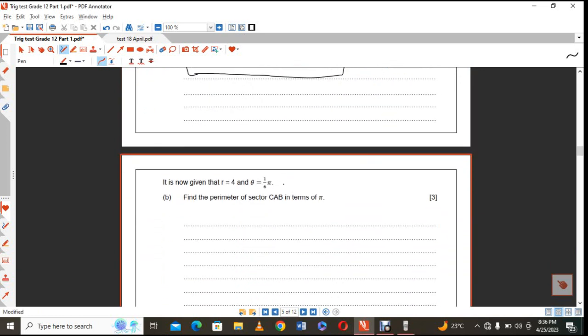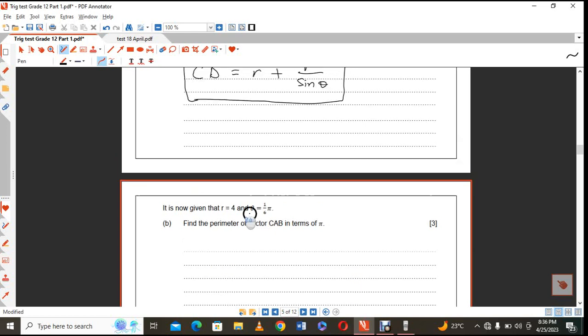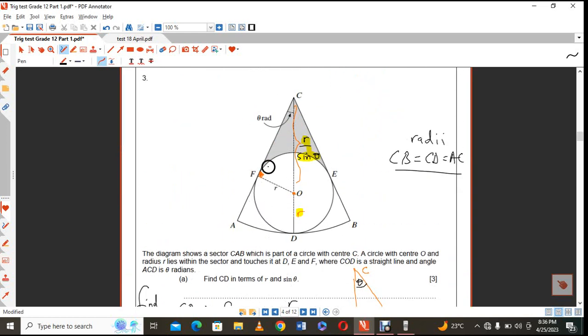Now, it is given that r is equal to 4 and theta is equal to pi upon 6. Again, that is 30 degrees for those of you who want to know what that is in degrees. They want us to find the perimeter of sector CAB. So let's make sure you understand: the perimeter of CAB is the whole of CA, then arc AB, then BC.